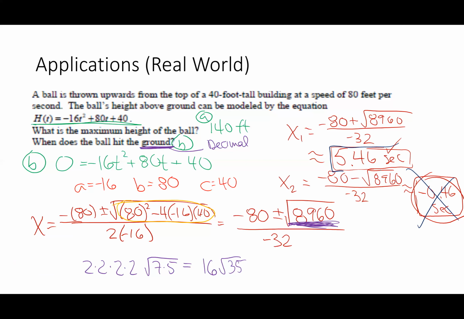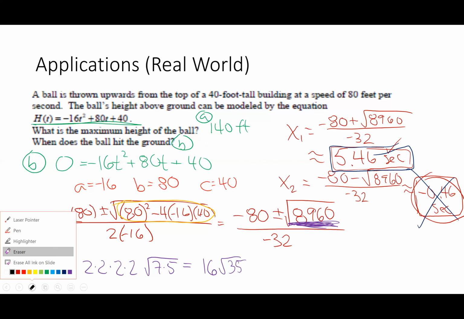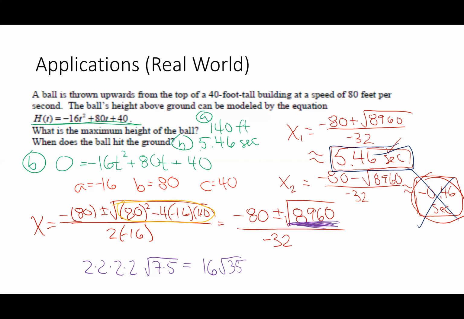This is going to be our answer for part B. Again, since it doesn't tell us we need the exact values, we are not going to do that. So we are going to say 5.46 seconds. It's really important that you consider your units just so that things don't go crazy.